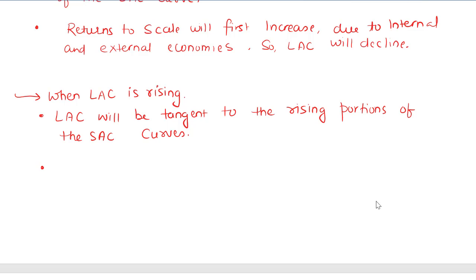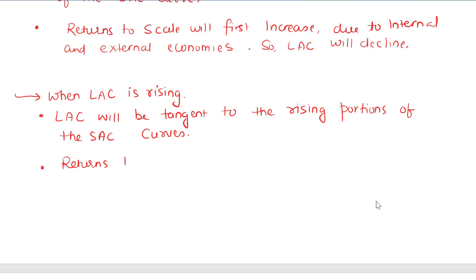What is the principle applicable over here? The principle applicable over here is returns to scale. That means what? Returns to scale will decrease later, and due to the internal and external diseconomies, limitations, we can say that long run average cost curve LAC will rise.